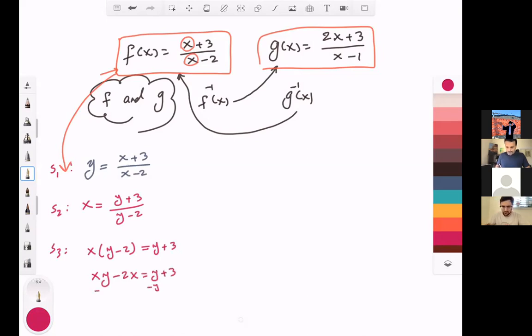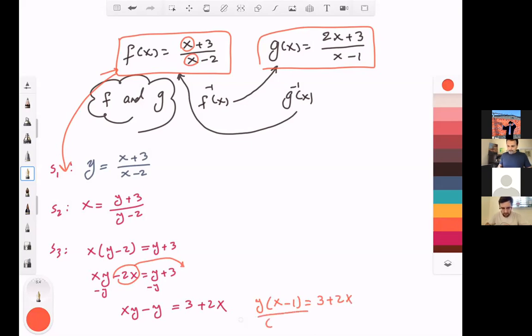xy minus 2x equal to y plus 3. Minus y, minus y. I'm going to get xy minus y equal to 3 plus 2x. I add 2x to both sides. This is going to go over here. Now I factor the y, x minus 1 equal to 3 plus 2x.